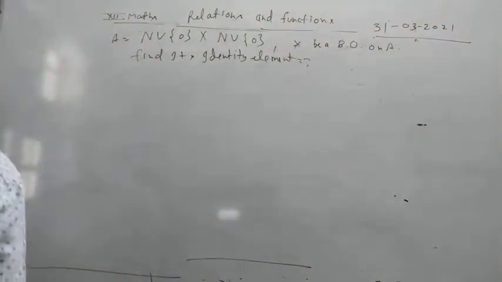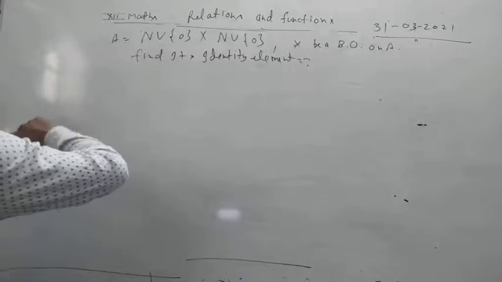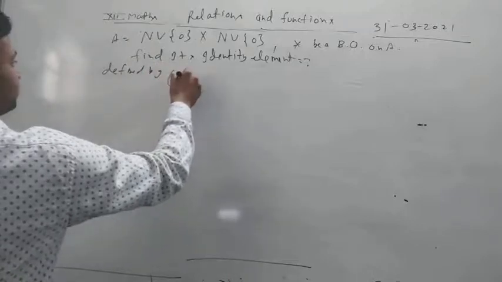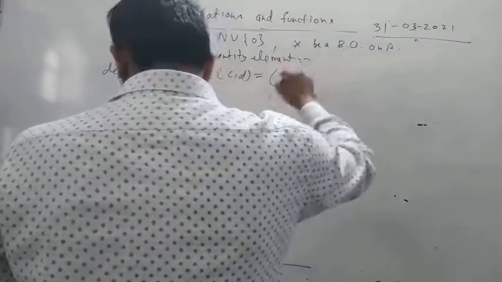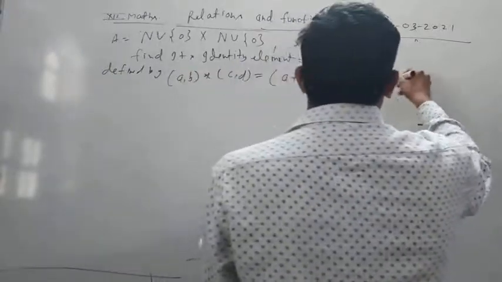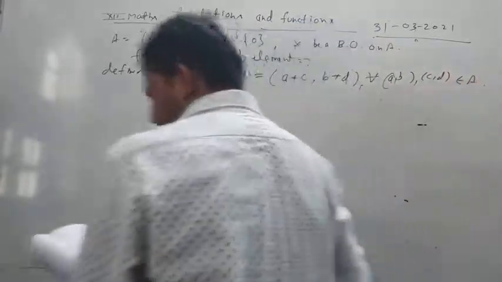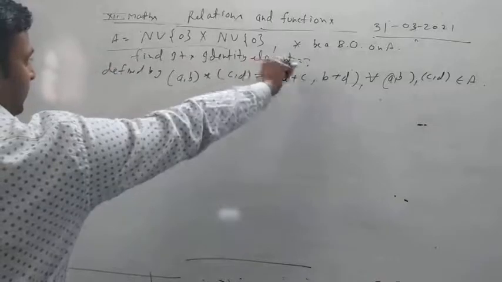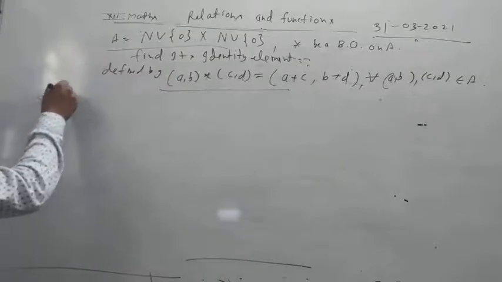Okay students, so we have a binary operation, and it is defined by (a, b) star (c, d) is equal to (a plus c, b plus d) for all (a, b), (c, d) belonging to A. It is this set and star is a binary operation on set A defined by this. So students, we have to find its identity.